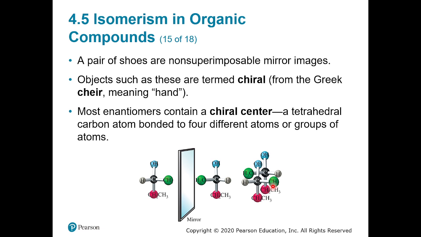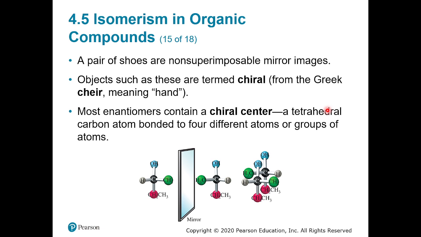So objects that are termed chiral, again, this is the handedness of it. Most enantiomers contain a chiral center. This is going to, more often than not, be a tetrahedral carbon atom, a carbon in the middle that has 4 different groups bonded to it. That's actually the reason why our hands are chiral, because they have 5 different groups bonded to it, don't they?